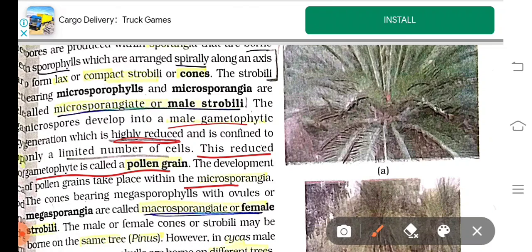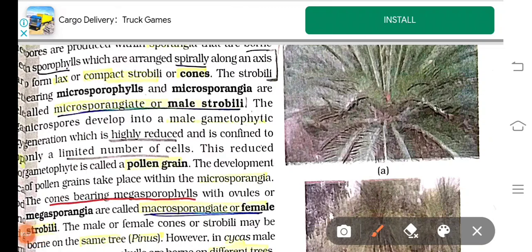Okay. And so this was about the strobili. So strobili is for males and cones is for females. So the cone bears megasporophylls.